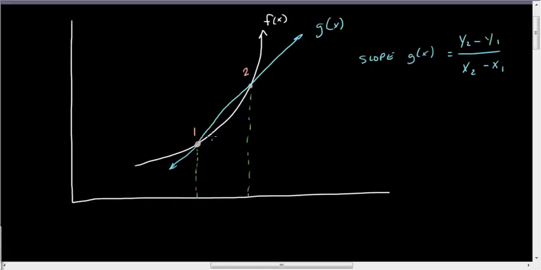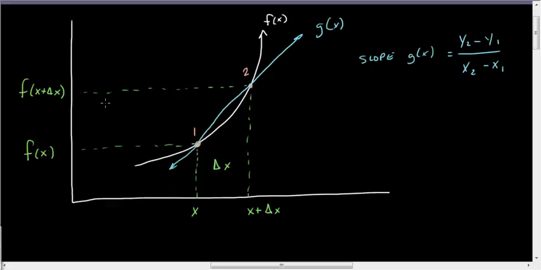And if we let the distance between these 2 points be delta x, let's call this one x and this x plus delta x, so that if we were to find the function values, the function value of point 1 would be f of x, the function value of point 2 would be f of x plus delta x. You'll notice in place of x, I have x plus delta x, and we'll need that idea later.